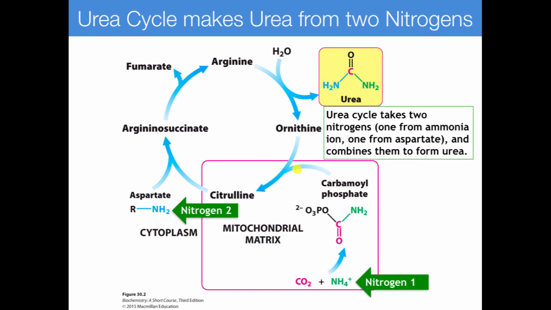Part of it occurs in the mitochondrial matrix, where the ammonia ion is bound up with carbon dioxide into the reactive carbamoyl phosphate, which is then fed into the cycle. However, most of it actually occurs in the cytoplasm, so all the argininosuccinate, arginine, and ornithine conversions all occur in the cytoplasm, as well as urea is produced in the cytoplasm of the liver cells.